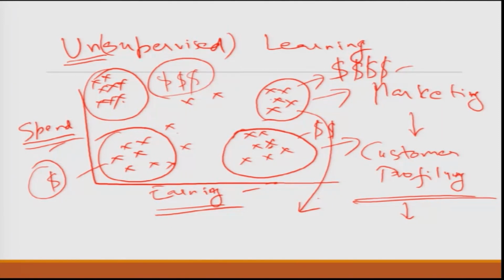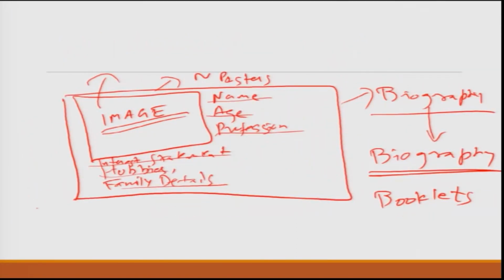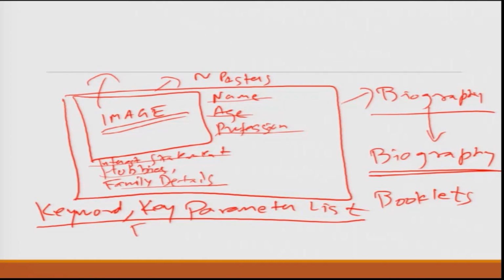So you may do unsupervised learning with a small set of parameters, and then try to add parameters which are strongly correlated, and hence you create a kind of keyword and key parameter list for each cluster.